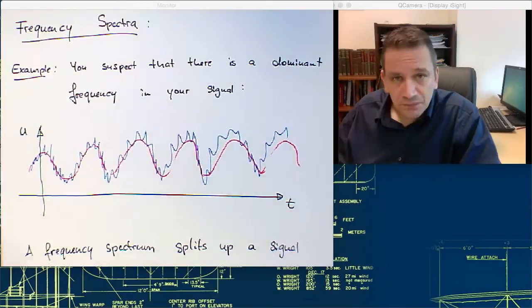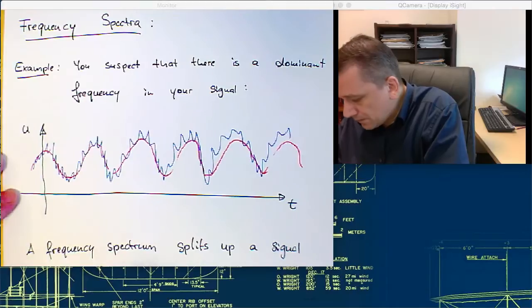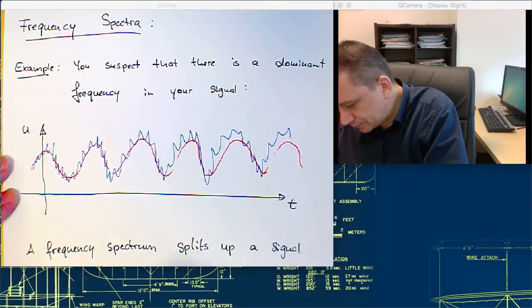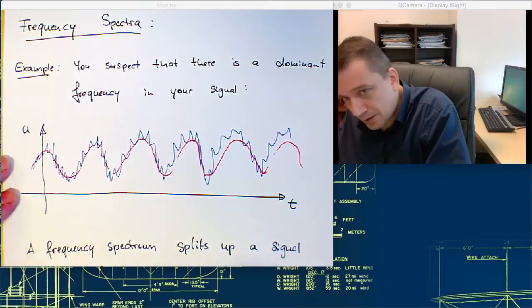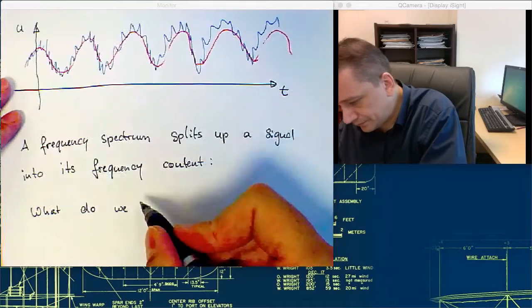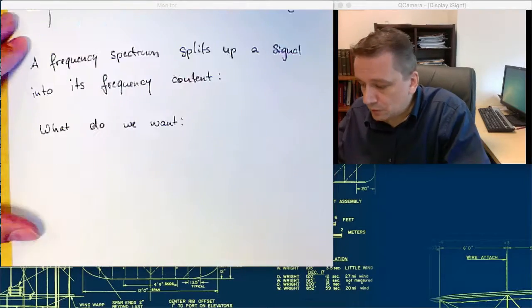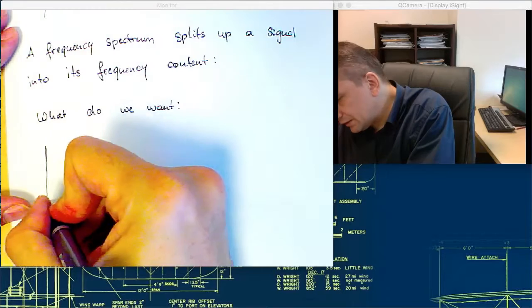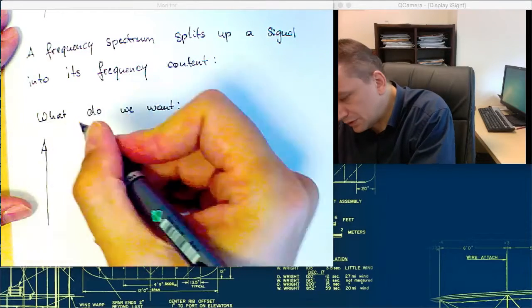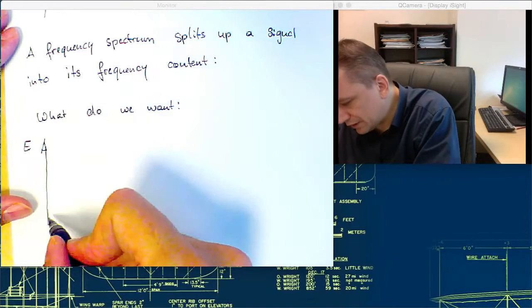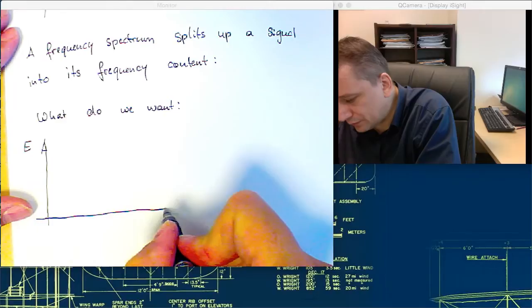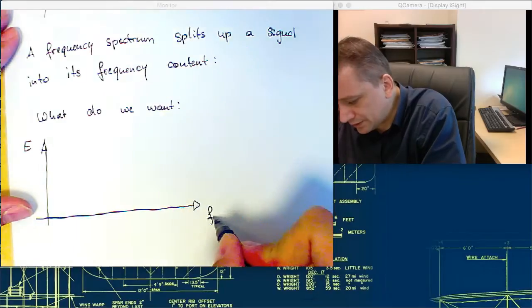Okay, so what is it that we want? What we want is something like a function where we have here, for example, the energy content of a given frequency, and here the frequency.